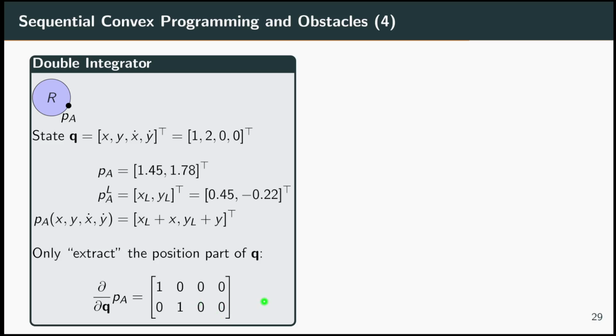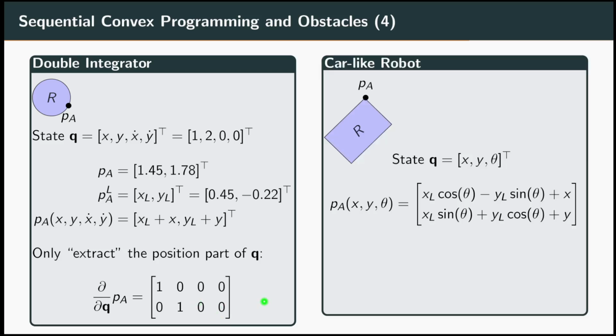Now if we have a car-like robot, that's not quite as straightforward, because then if we look at the transformation of PA, we get the cosine and sine and so on here. Because if we would rotate in place, then of course that point PA up here will just also change in x and y coordinates.